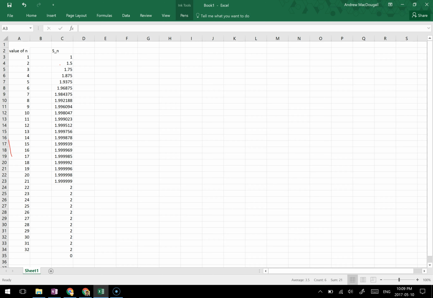Well, as you can see at about term 22, it tells us it's equal to 2. Now that's not entirely true. What's actually true is that it is so close to 2 that the computer thinks it's 2. In other words, as the sequence gets huge, we get really, really close to 2 for our value.